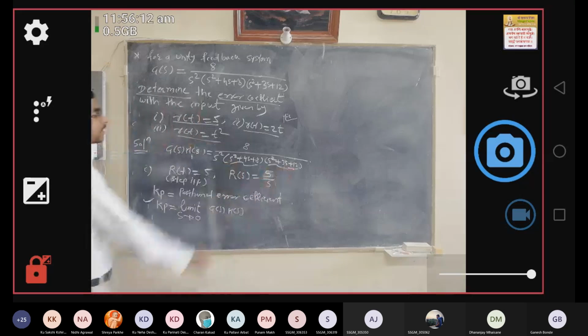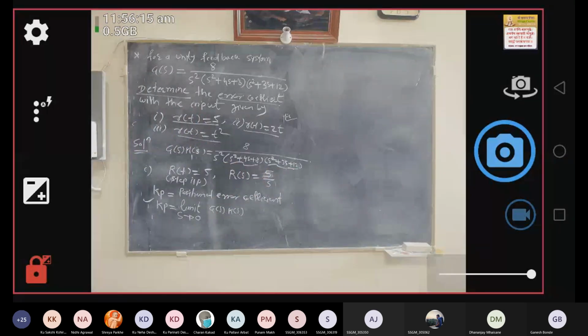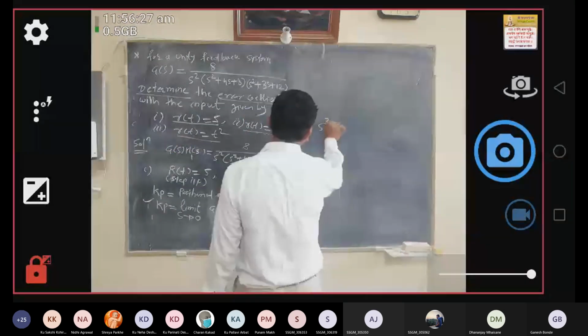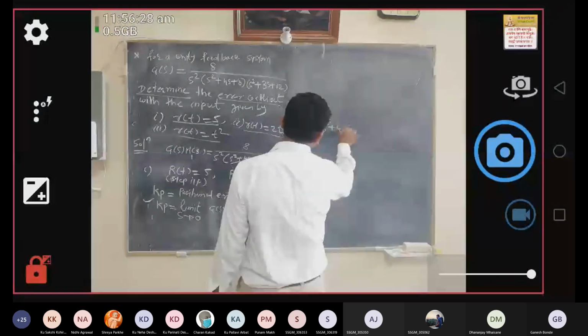Do they have any factors? Tell me the factors of this s square plus 4s plus 8.